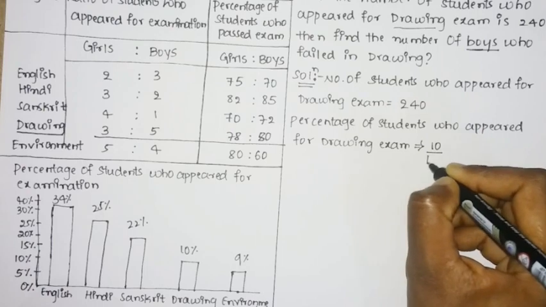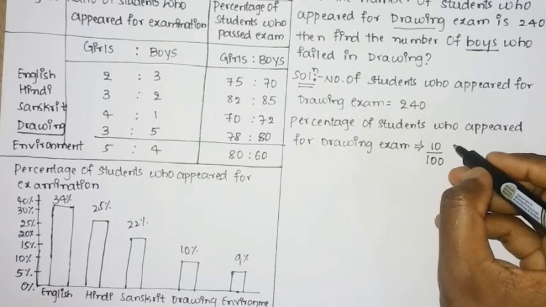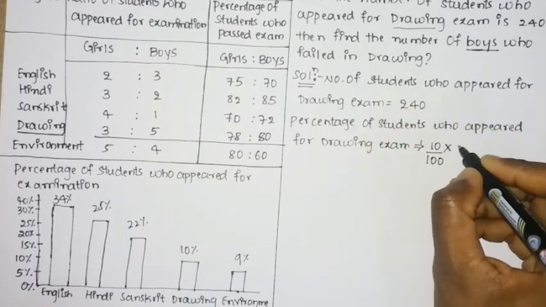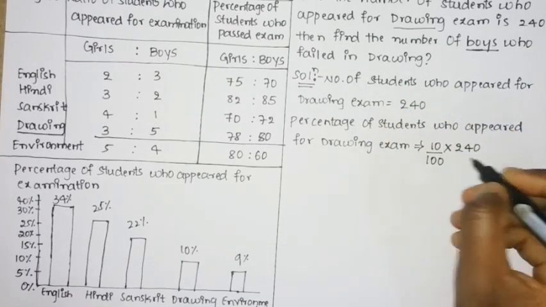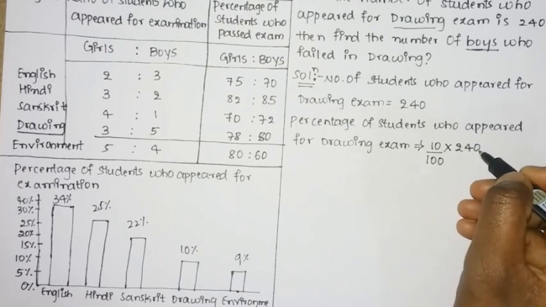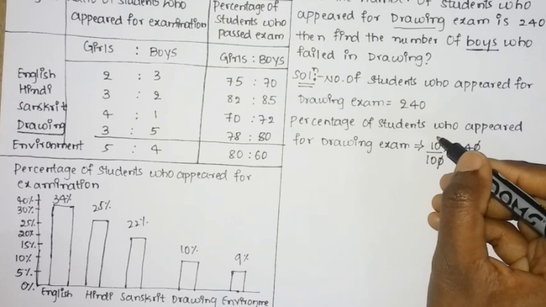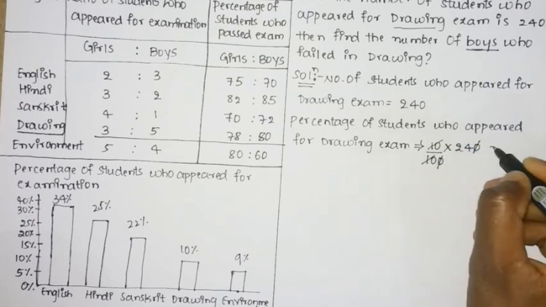Since it is 10%, we write it as 10 divided by 100 into the number of students who appeared for the drawing exam, which is 240. Here you can see 0 and 0 get cancelled, then 10 and 10 get cancelled, and the remaining is 24.